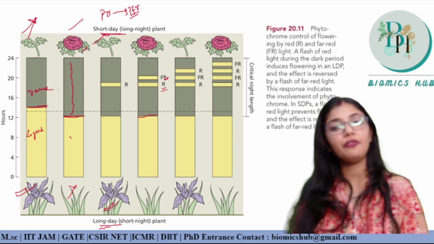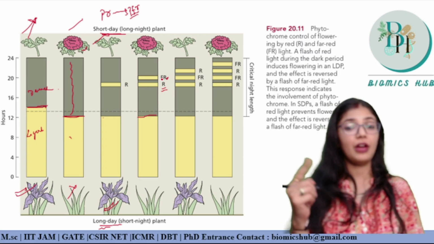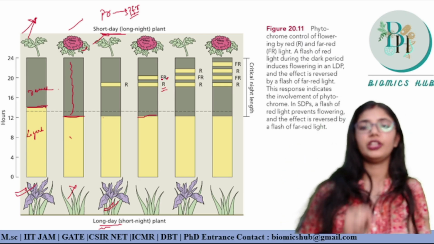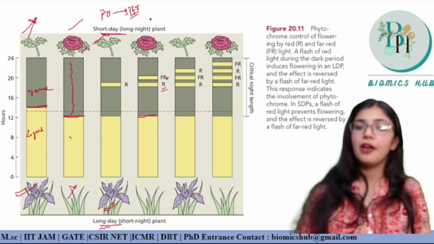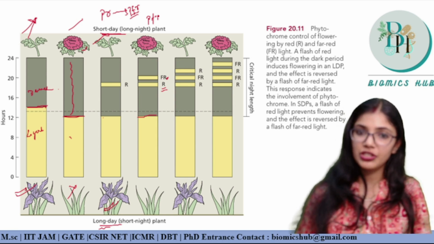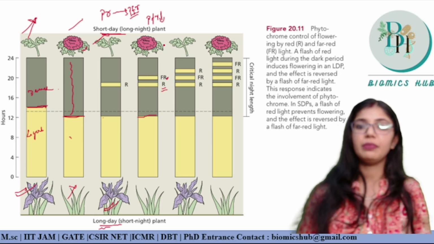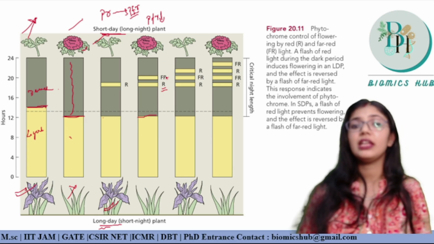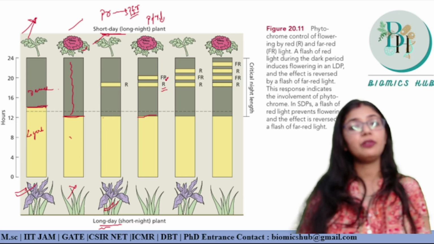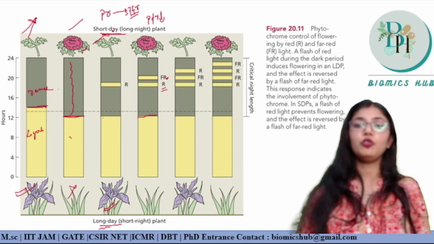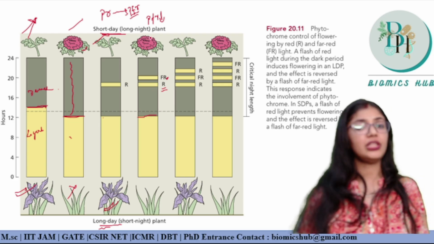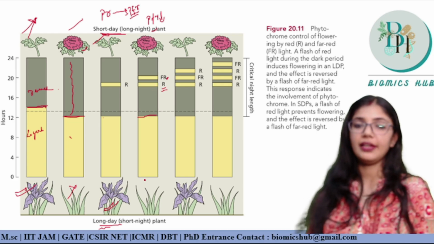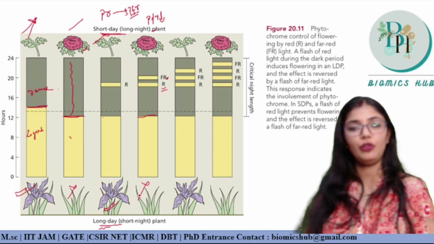If they give far red light, the PFR which is present is again converted into PR form. So what happens in this condition? The PFR level is low because far red light is present. This far red light is responsible for converting PFR into PR form. So in this condition there will be flowering in the short day plant, and in the long day plant there will be no flowering.